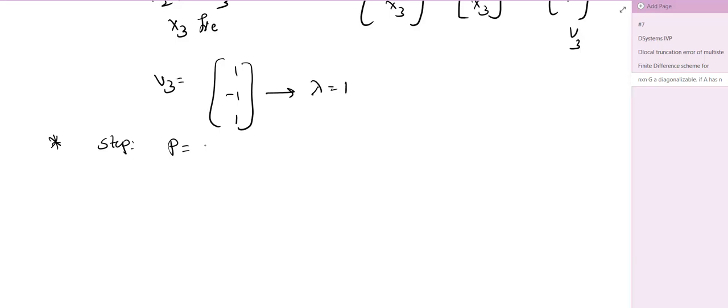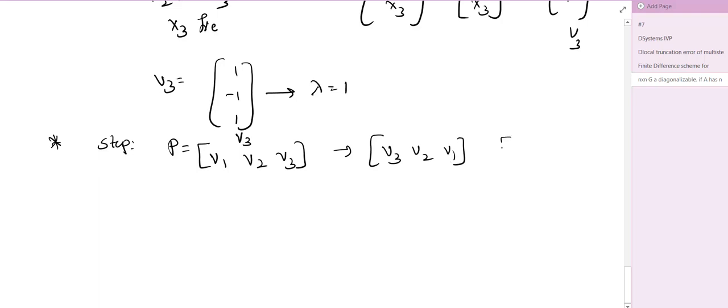Either you can use the vectors which you have found, say if I consider this as V3, you can write it as V1, V2, V3, or you can write it as V3, V2, V1, or V2, V1, V3, any sequence is fine for this P. It is not necessary to have any kind of problem in writing the P, because the vector does not have to be first. You can use any vector at first.